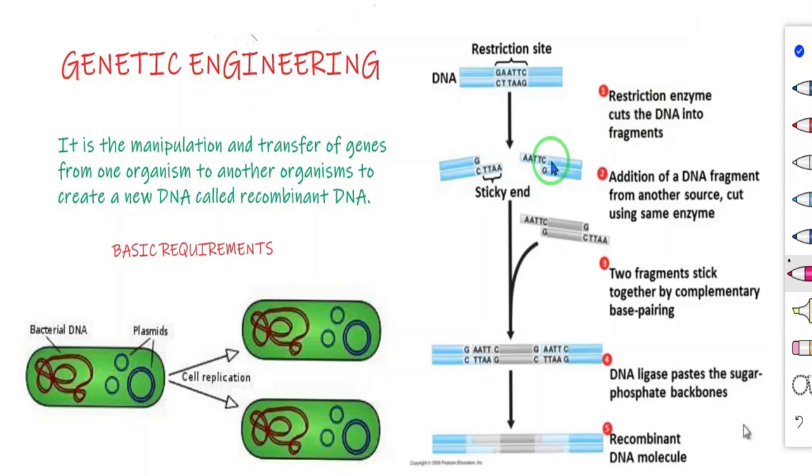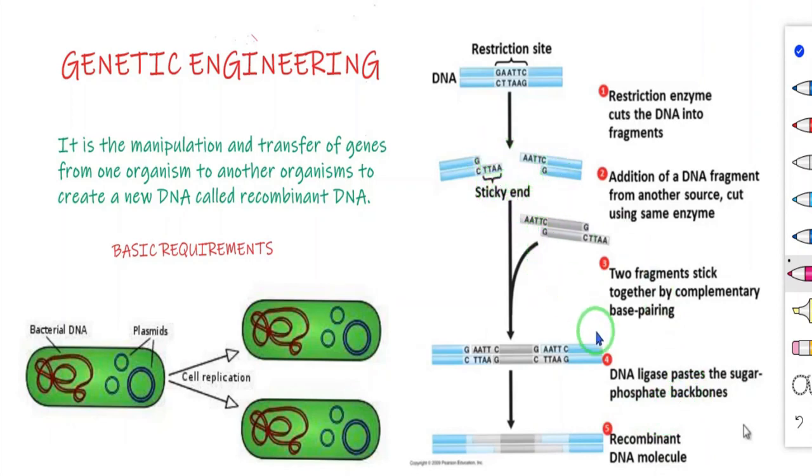Then third one is DNA ligase. DNA ligases are the enzymes which help in ligating, pasting or joining the broken DNA fragments. The DNA ligase pastes the sugar phosphate backbones of the fragments. See here, now two fragments are present.